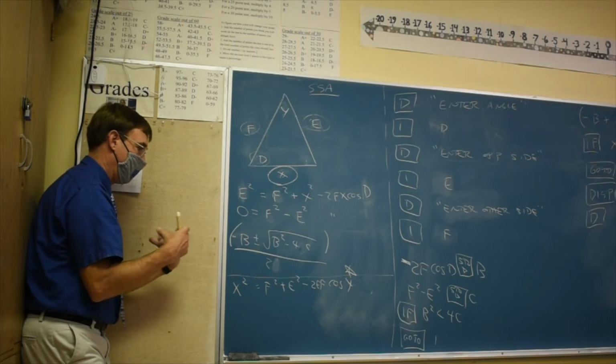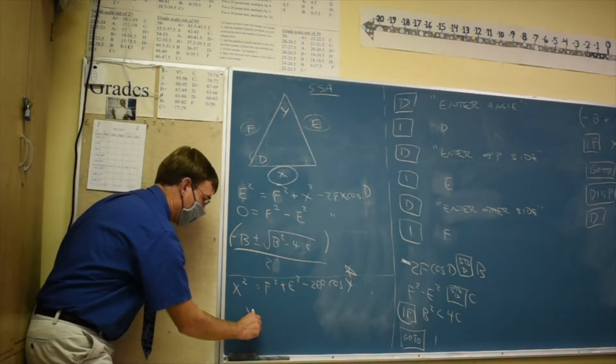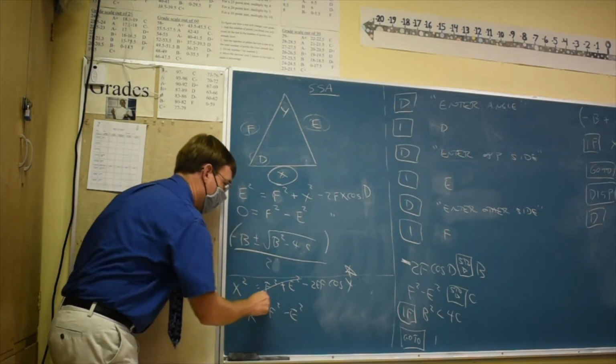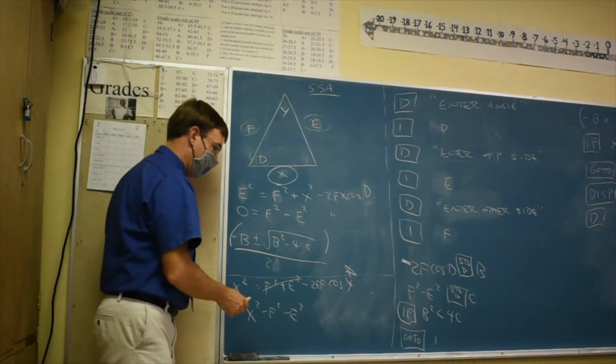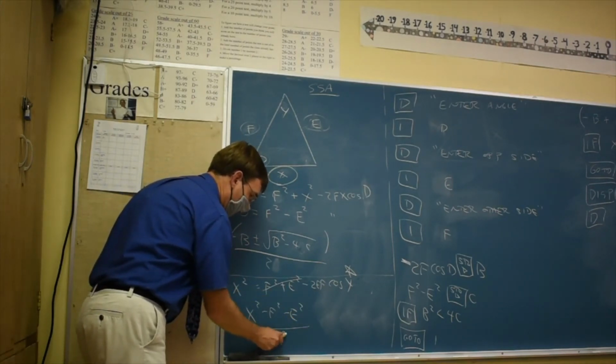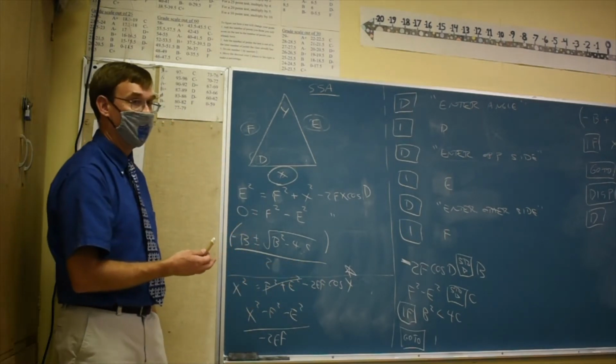How are we getting them out of there? Subtract. So that looks like x squared minus f squared minus e squared, divided by negative 2EF, equals cosine y.